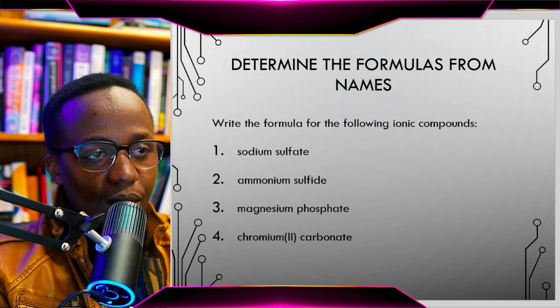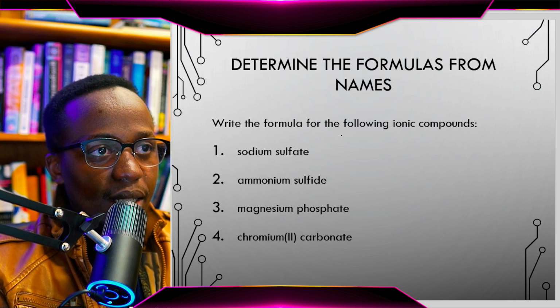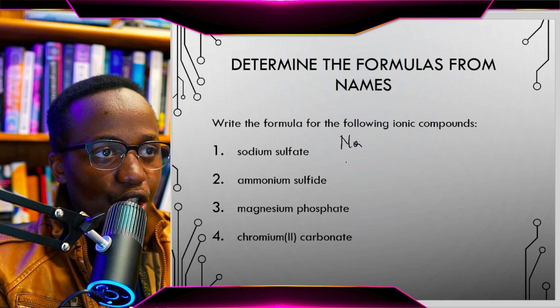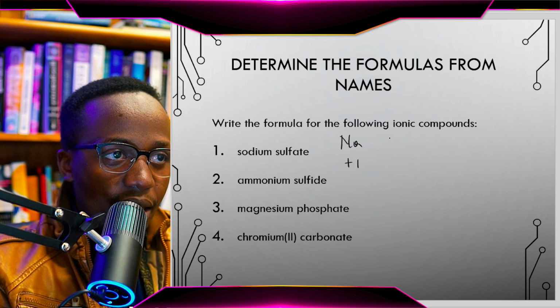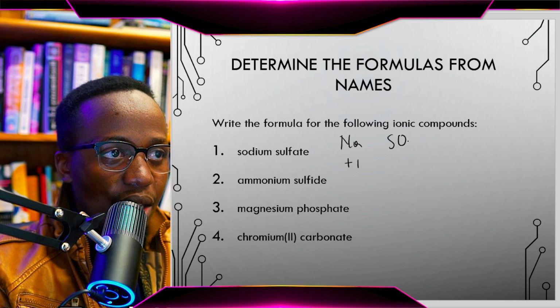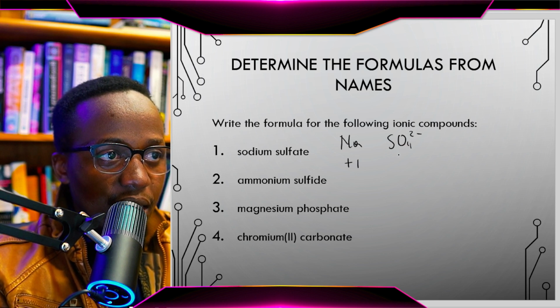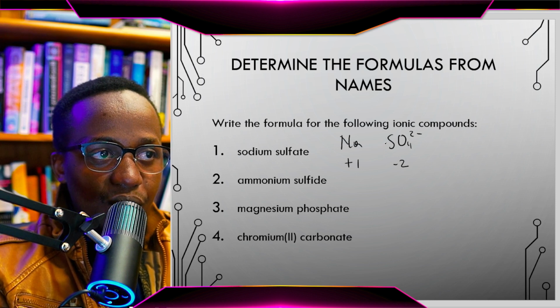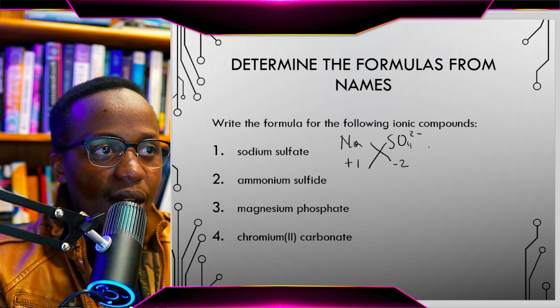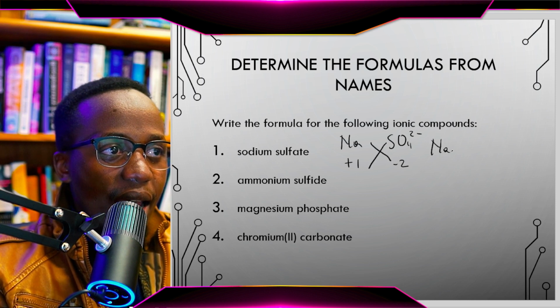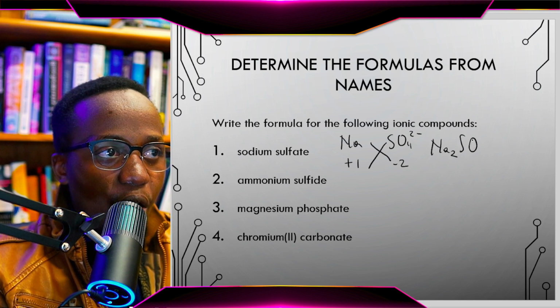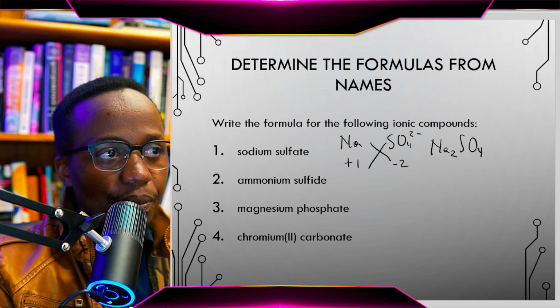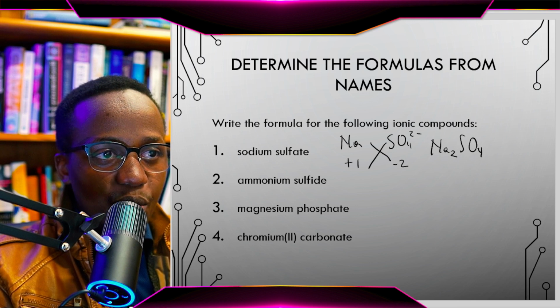I know sodium is Na, and I know the charge is +1. And then you say, I know sulfate is SO4 2 minus, and I know the charge for this is -2. And because you know that, you're going to do the cross, and it's going to be Na2SO4. All right?